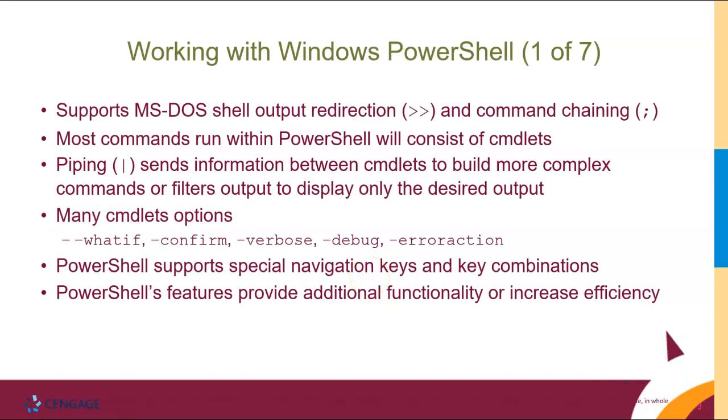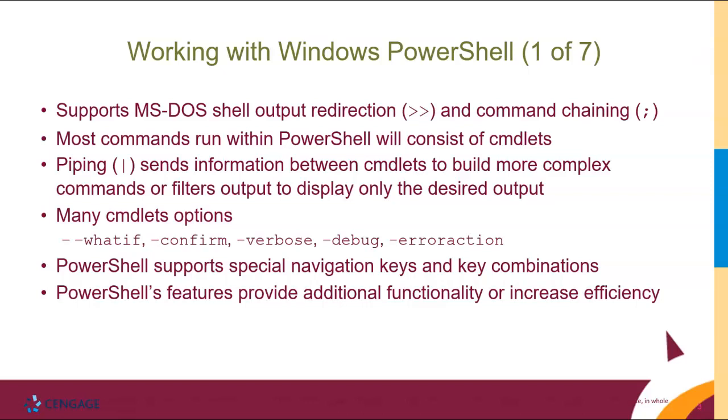PowerShell supports the MS-DOS shell output redirection and command chaining. Most commands in PowerShell consist of what they call commandlets. Those are the actual commands that you're running. They don't call them commands, they call them commandlets.